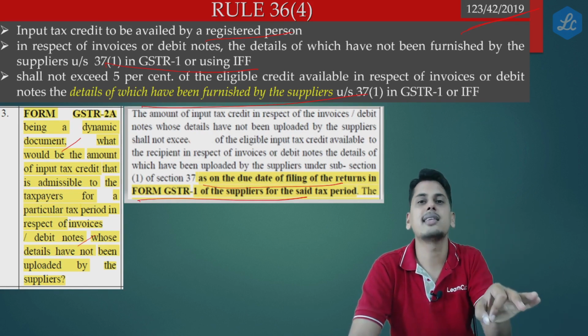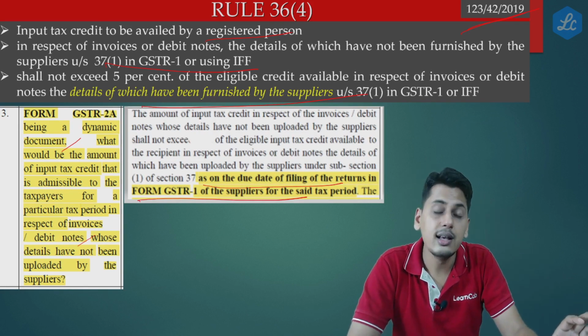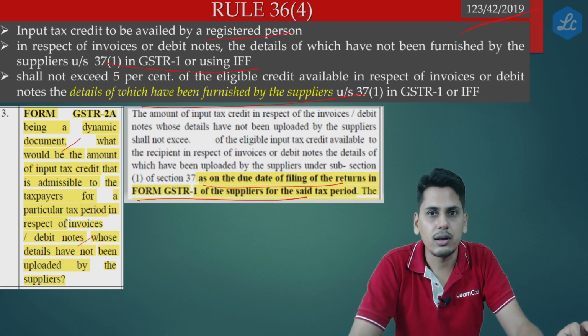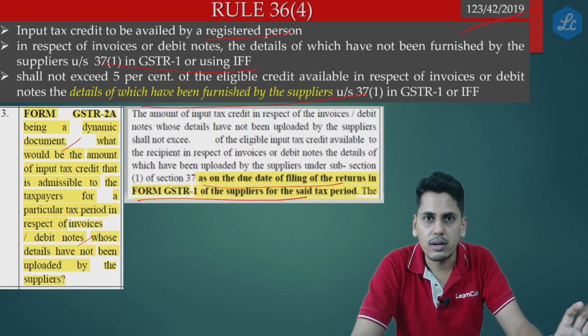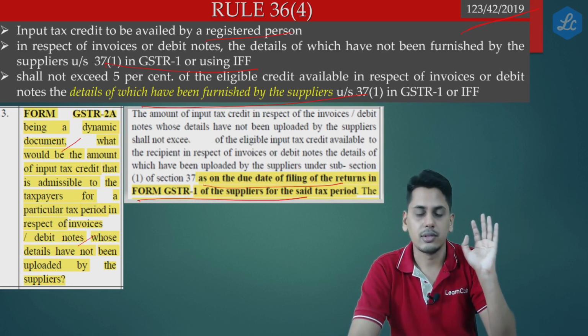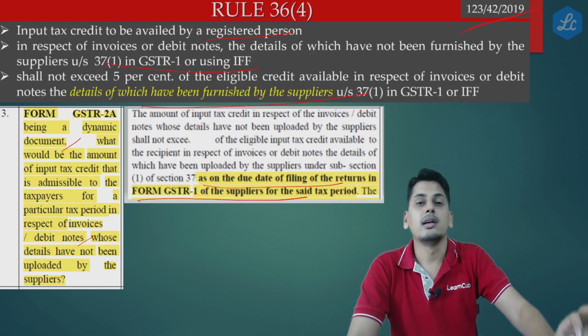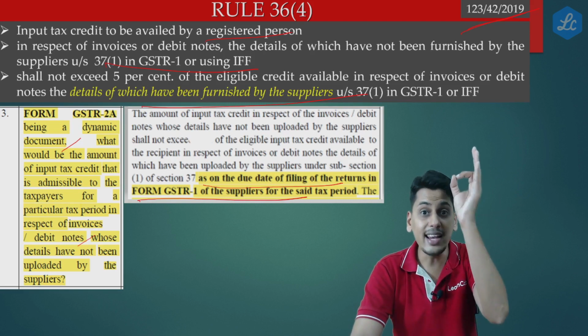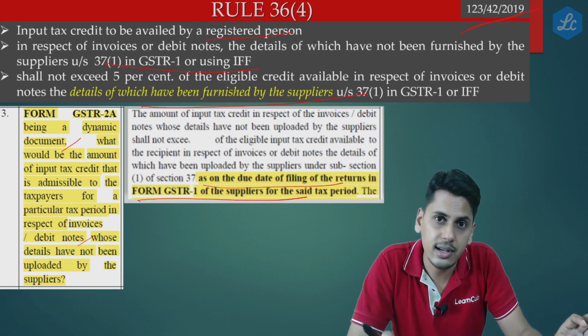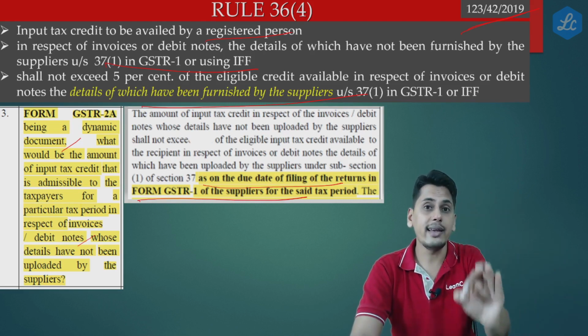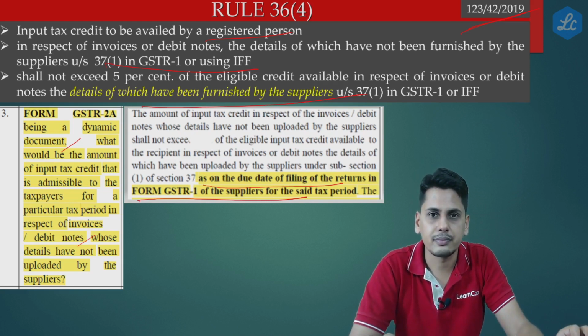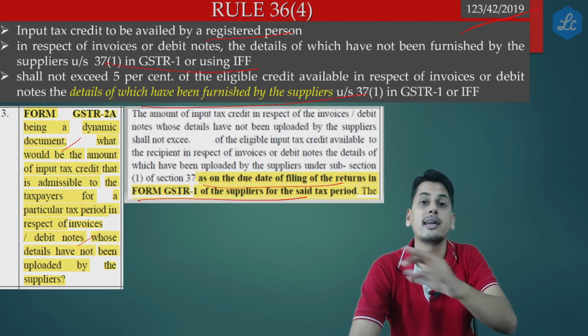So which means that, friends, please understand, 36 sub rule 4 is silent about the due date. Circular number 123 tells you that if GSTR-1 is filed within the due date, please concentrate, that invoice credit I can take fully.